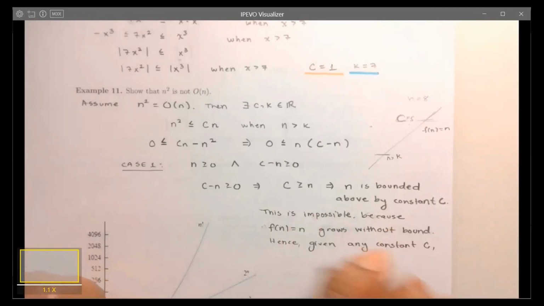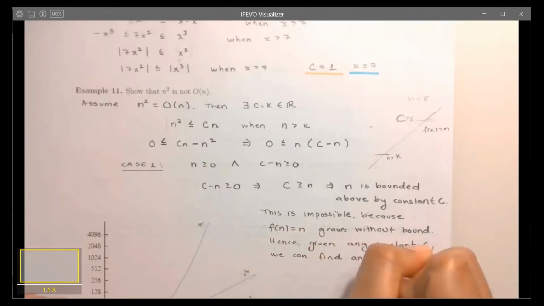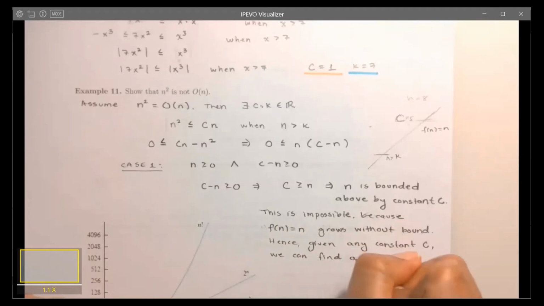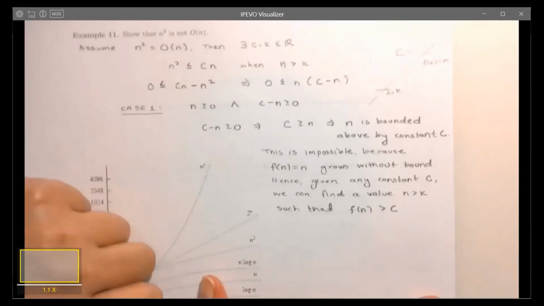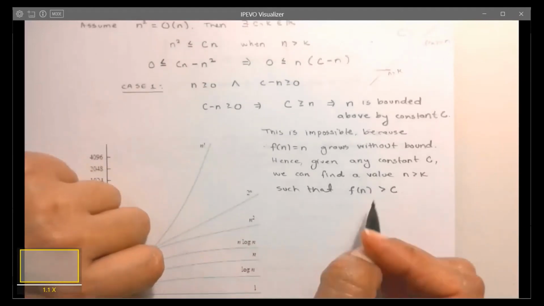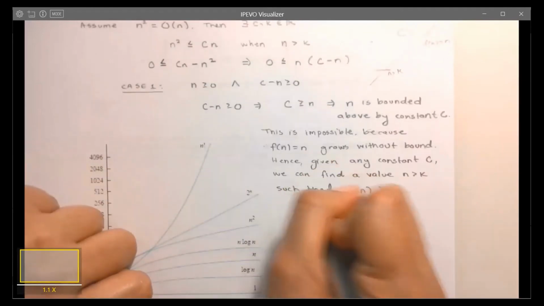So we can find a value n greater than k such that f of n will be greater than the constant. So that's not possible. That means that case 1 is not possible.